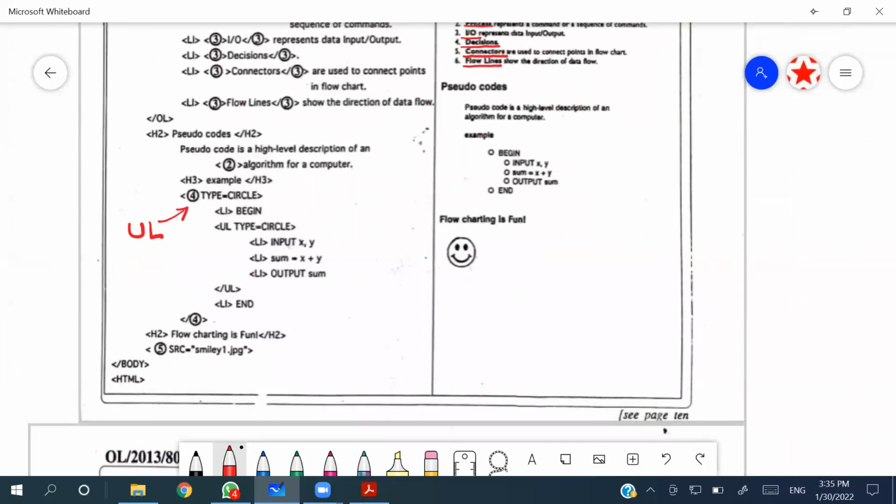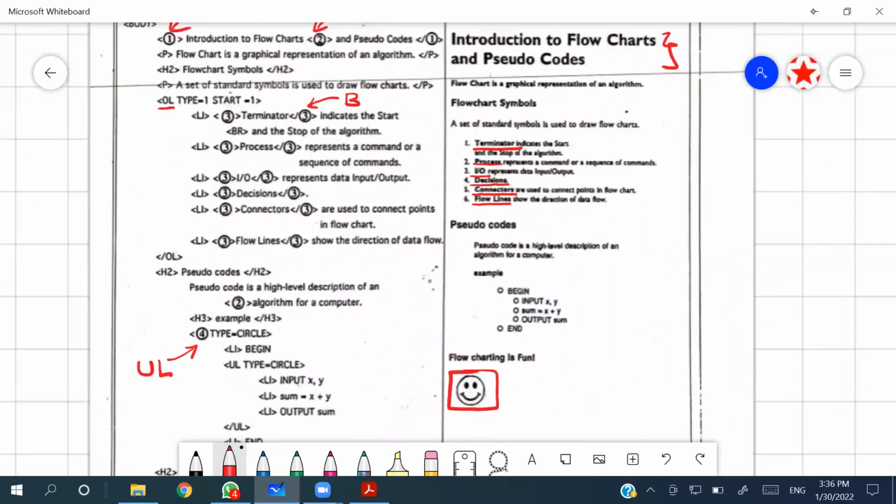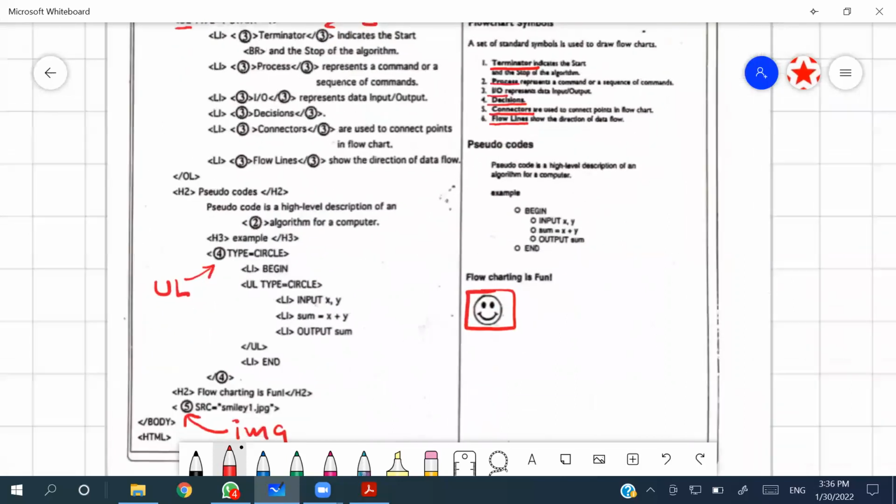And the fifth, the SRC attribute, is there to indicate this. So the fifth stands for IMG, right? So those are the things that you need to figure out.